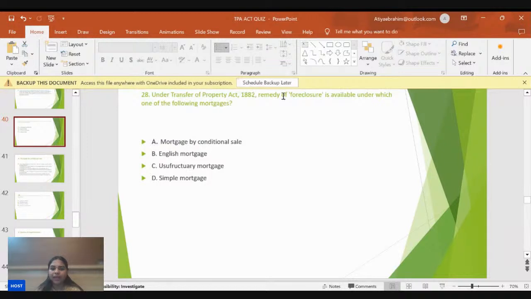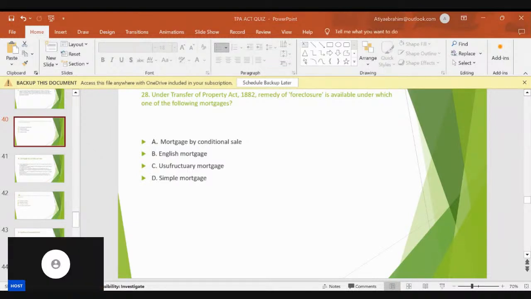under the TP Act, remedy of foreclosure is available under which of the following mortgages? Now, with each mortgage, there is a remedy. So, foreclosure will be available under which of these following mortgages? Mortgage by conditional sale, English mortgage, usufructuary mortgage, or simple mortgage? Please mention the question number and then mention your answer.